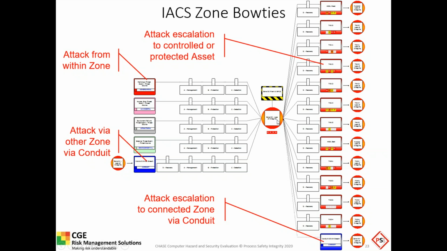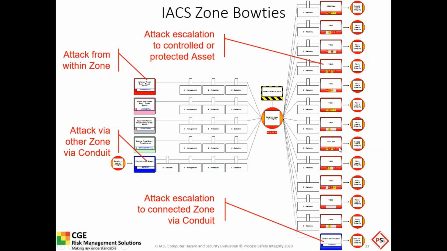The effects of that could be impacted on these physical assets. So these are individual bow ties for tanks, for example. Using the Buncefield example, these are all tanks in the Buncefield tank farms.